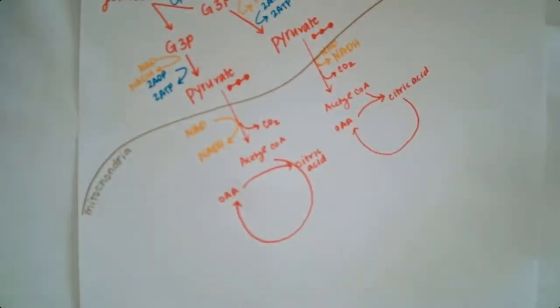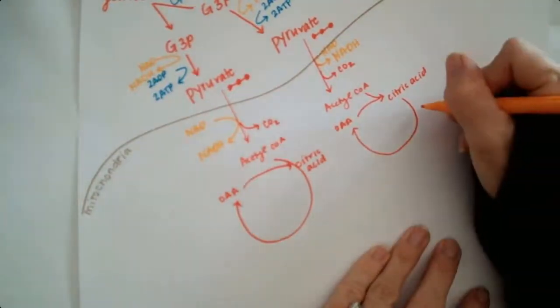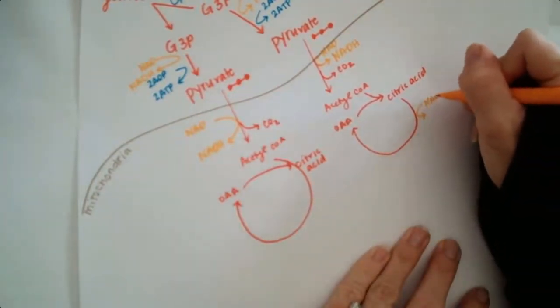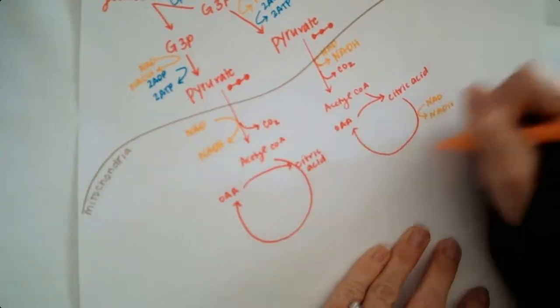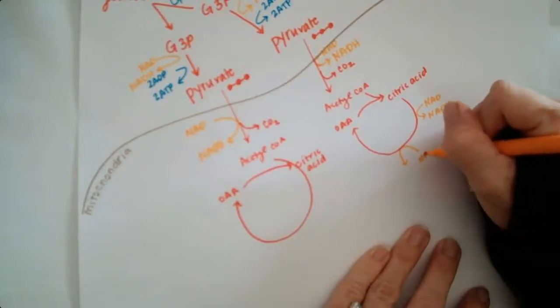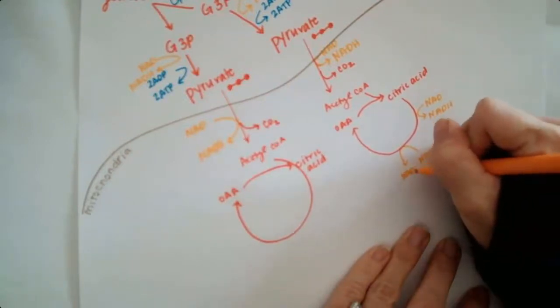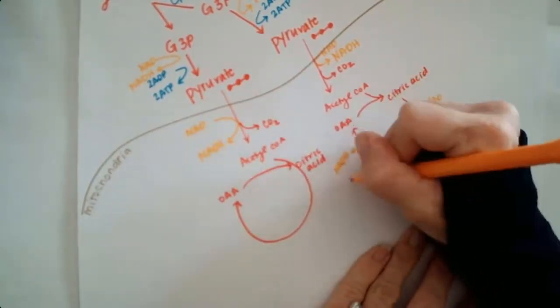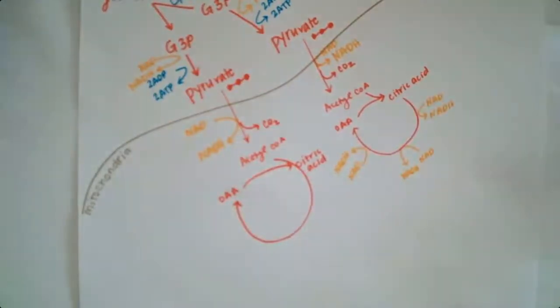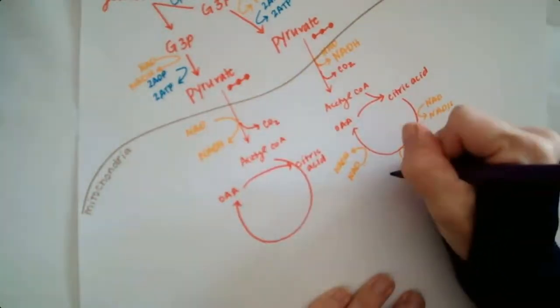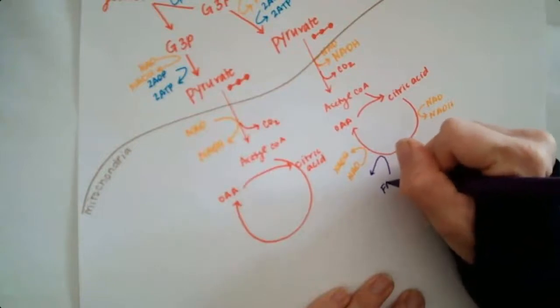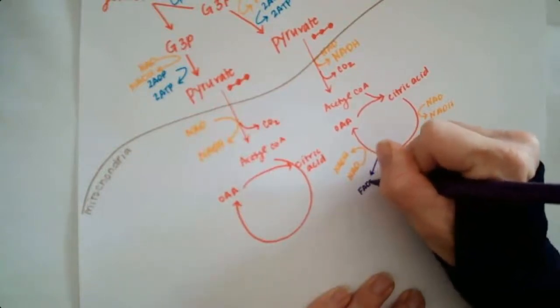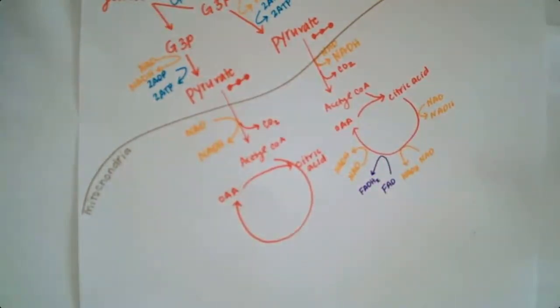In the remaining time, we see the reduction of NAD at 3 separate places, as well as the reduction of FAD, as well as 2 more carbon dioxides leaving.